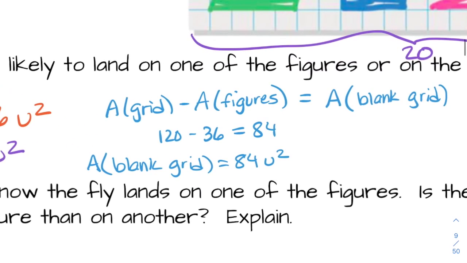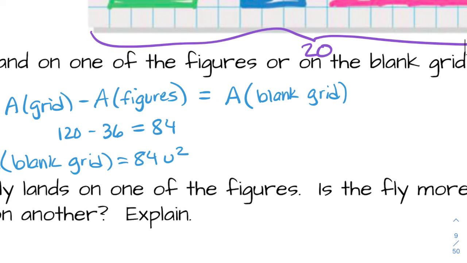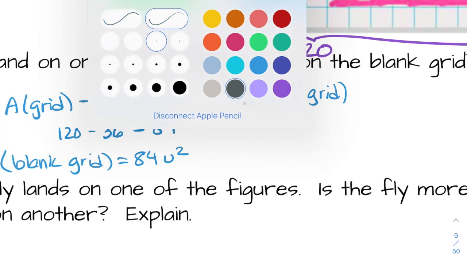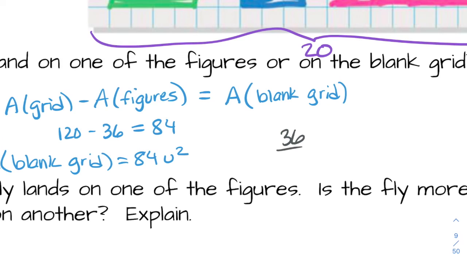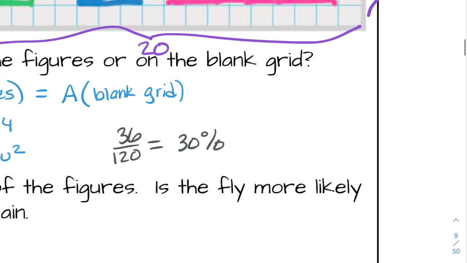But if you want a percentage, you could even do that. You would just do 36 over 120, which is 30% of the time. And you would do 84 over 120, which is 70% of the time.